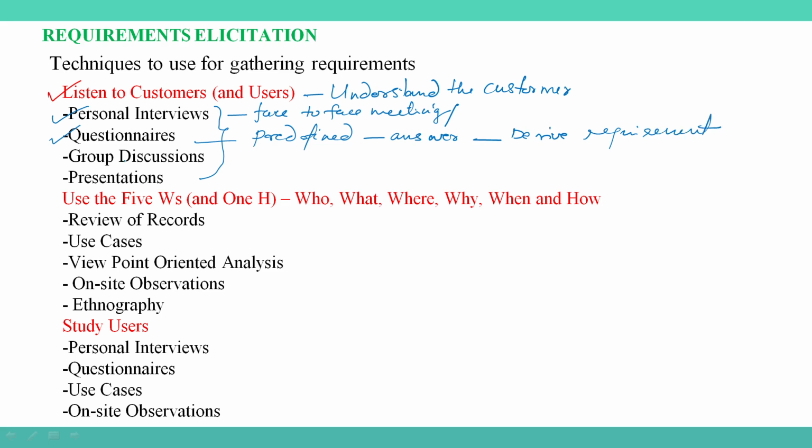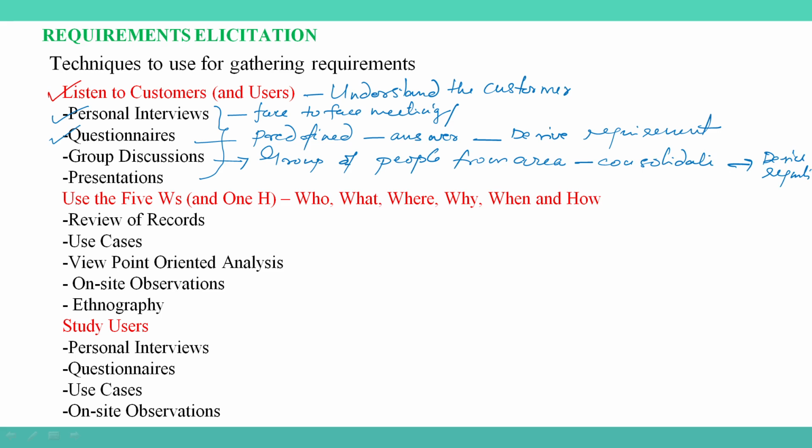Then group discussions. As you know, you can have a group of people from the same area and get the information from them. So consolidate the opinions and then derive the requirements.